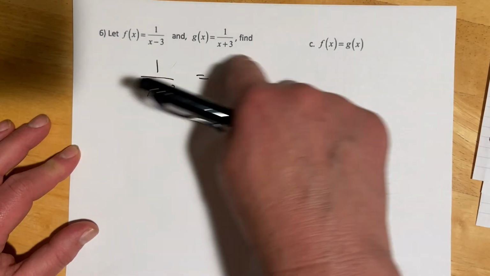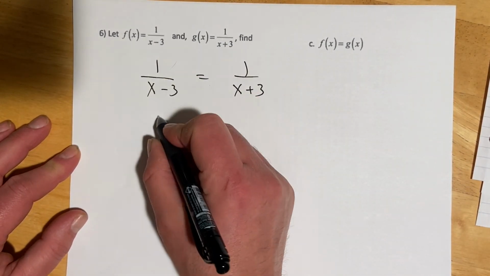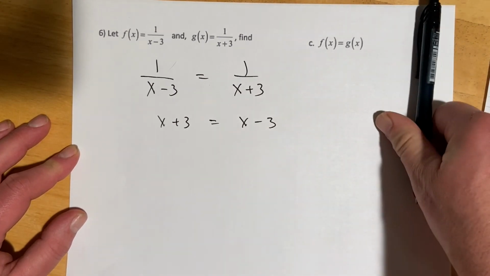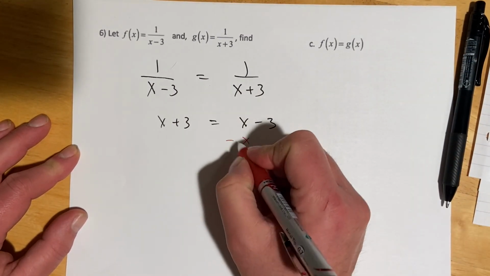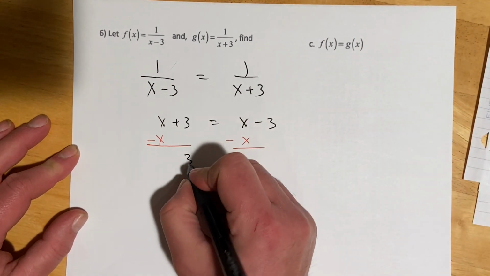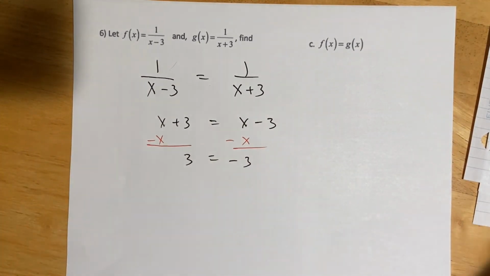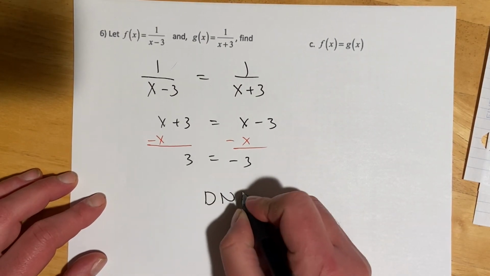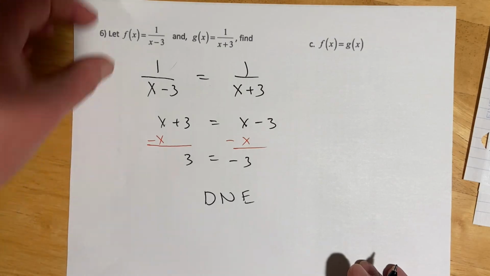And so we'll do our cross multiply trick again, and we'll just get x plus 3 equals x minus 3. And then what happens when we try to solve is it messes up and we get 3 equals negative 3. So that is a no solution, or DNE, for the computer.